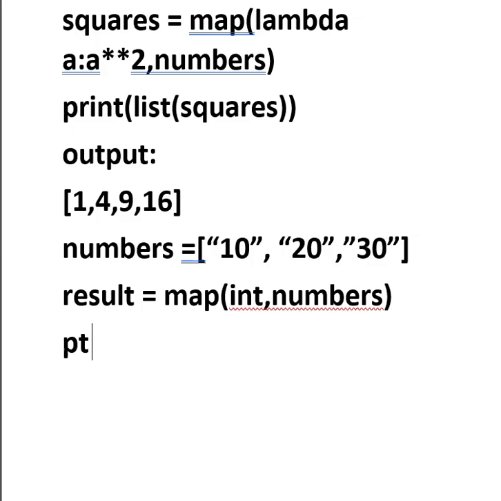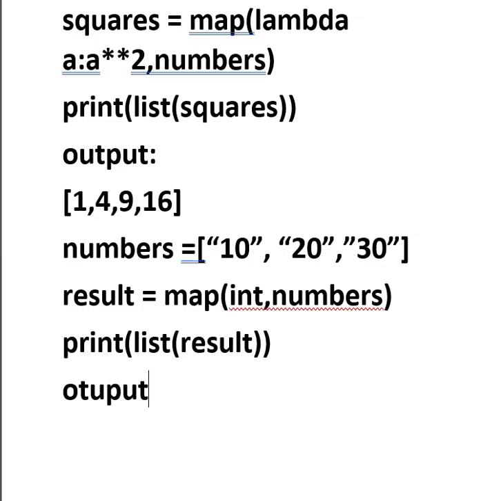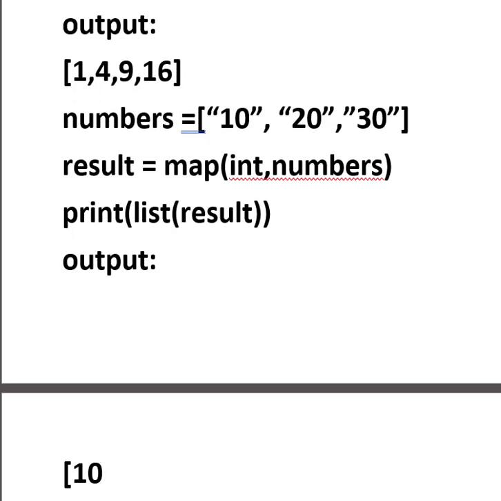We need to print list of result, because we need to convert strings into integers. So list of result. Okay, what will be the output? The output will be 10, 20, 30.